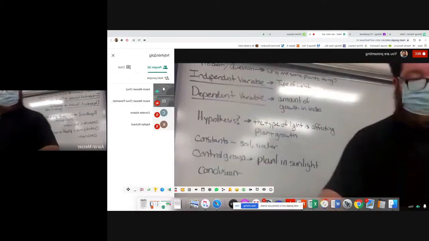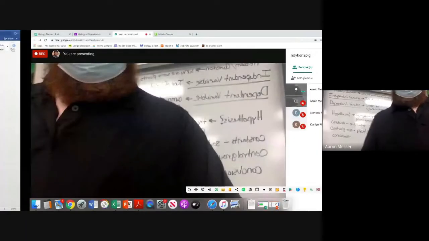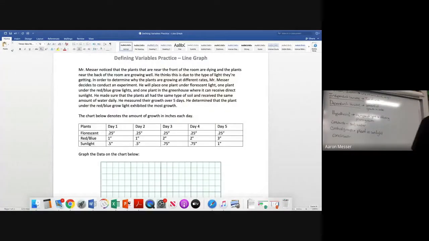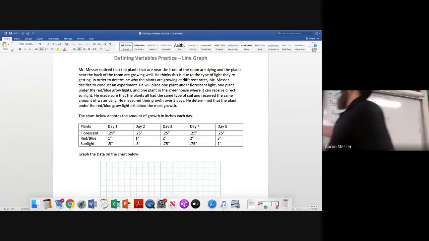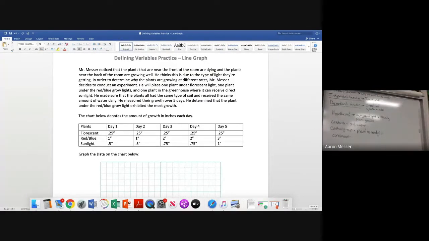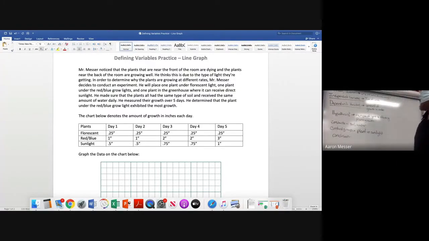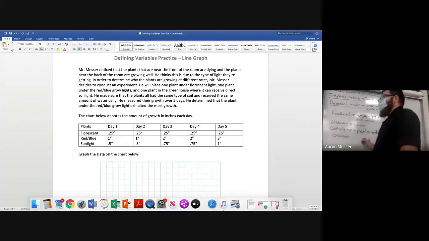What's the conclusion? Do we remember? Yeah. He measured their growth for 5 days. He determined that the plant under the red-blue grow light exhibited the most growth. Most growth.